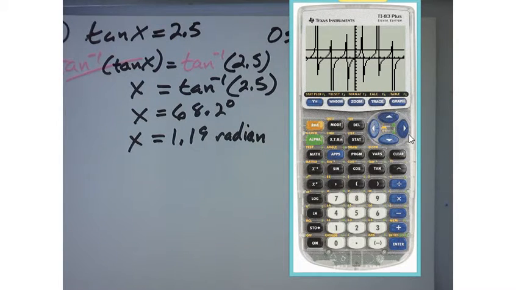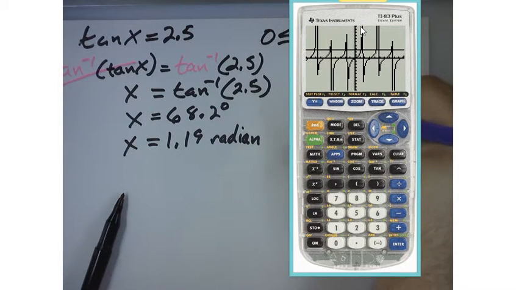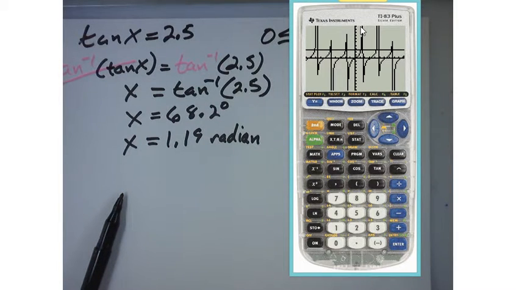What I'm looking for is the intersection of tangent. So tangent is this little thingy here, right? Let me sketch that a little bit for you guys. Okay, and what we're looking for is when it equals 2.5.